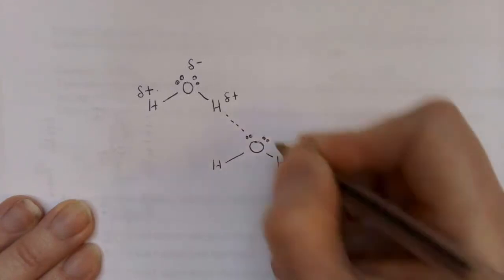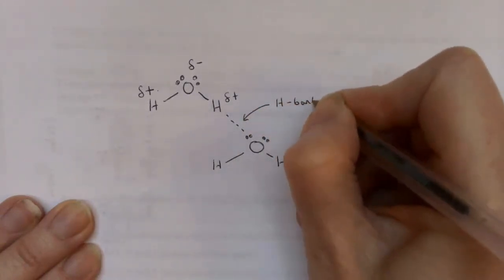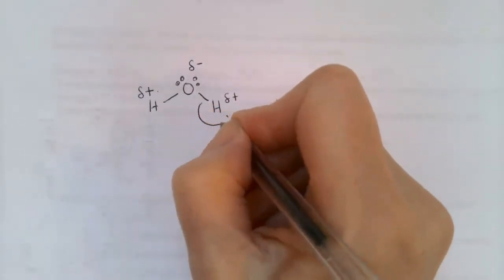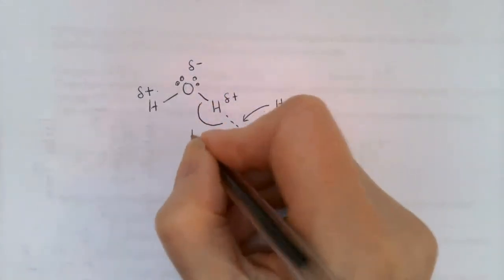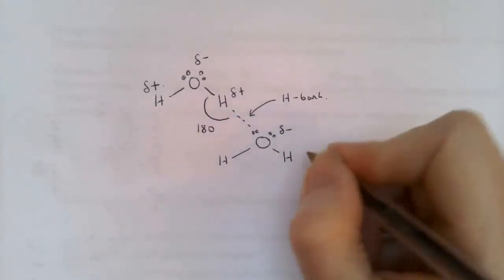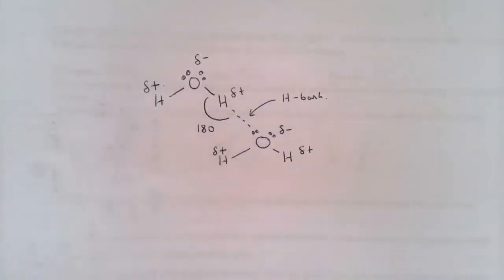And this is what we call a hydrogen bond. Notice that this bond angle here between the oxygen-hydrogen and the hydrogen bond is 180, and it's important that you can be able to draw those with the dipoles on lone pairs and showing the correct bond angle.